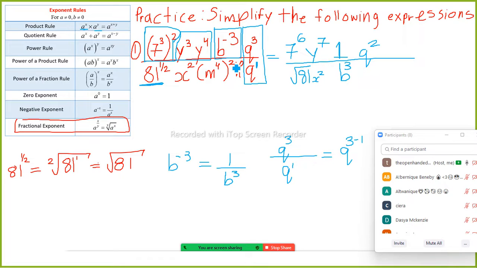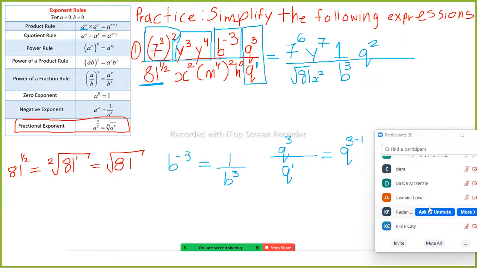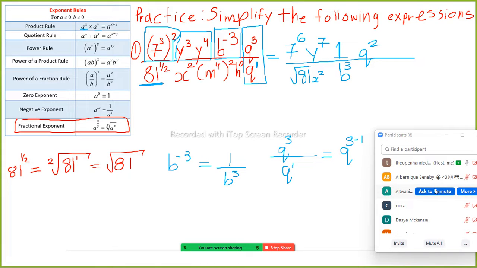So what are we going to do with this one? What rule can we use for this one? We have m to the power of 4 all squared. So what rule can we use for that?